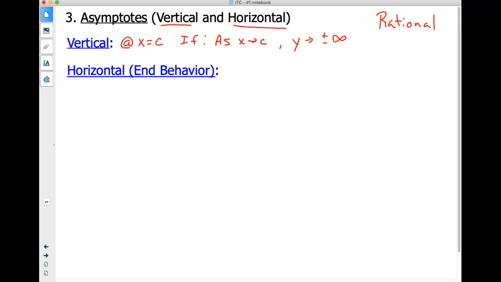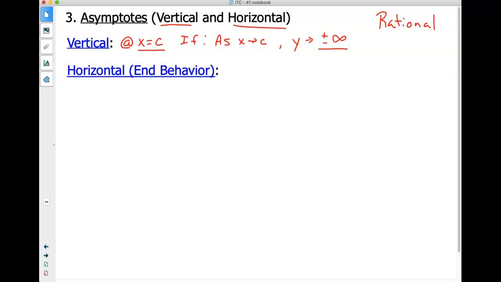You might hear me say throughout the year, it's going asymptotic. What that means is as your graph is getting close to that value for x, we're going to call it c, the closer and closer to that value it gets, your graph is either going straight up or it's going straight down. That's what it really means. It's not necessarily both of them. It may just be one of them.